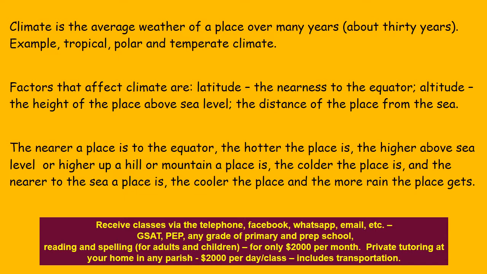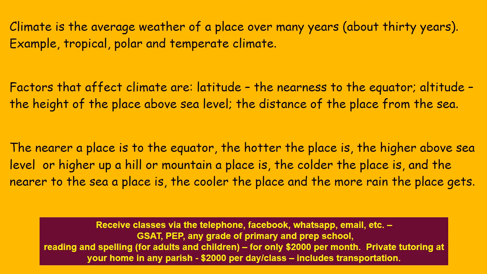Okay, let's discuss what we just read. Climate is the average weather of a place over many years, and that is about 30 years. So over a period of about 30 years, how old are you now? Imagine 30 years. Over a period of about 30 years, whatever the weather is generally over that time, that is what you call climate.